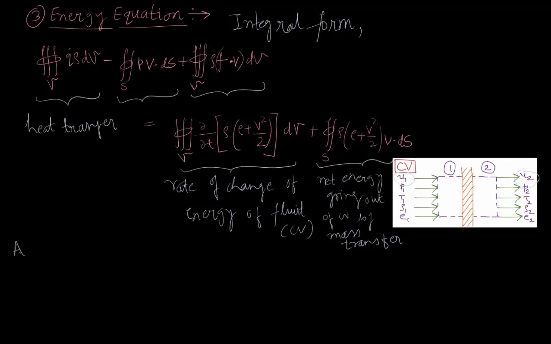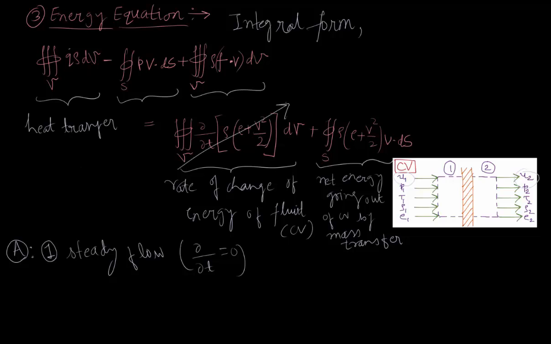We will assume that our flow is steady flow. And what do we mean by steady flow? That all the terms containing dou by dou t will become 0. So here the fourth term contains dou by dou t, it will become 0.